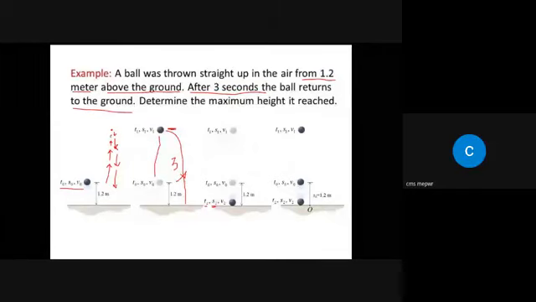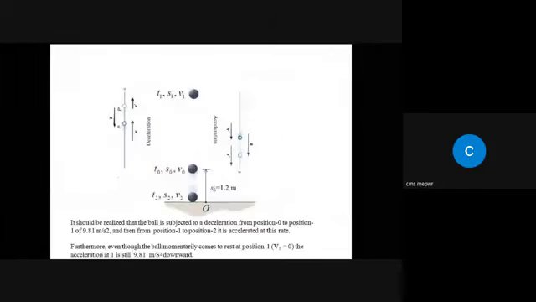Okay, so it should be realized that the ball is subjected to a deceleration from position 0 to position 1 of 9.81 meter per second square, and then from position 1 to position 2 it is accelerated at the same rate. Further, even though the ball momentarily comes to rest at position 1 when v1 was 0, the acceleration at 1 is still 9.81 meter per second square.